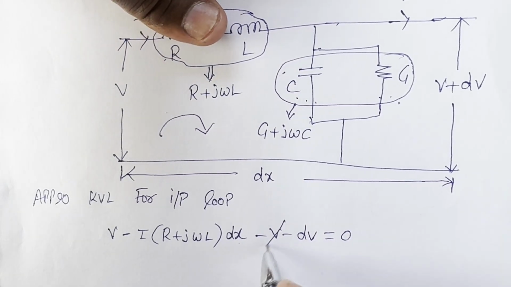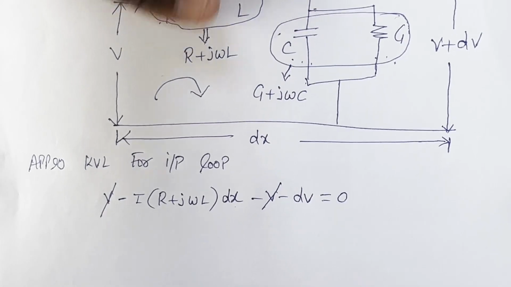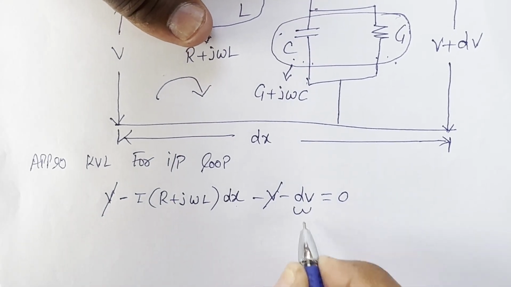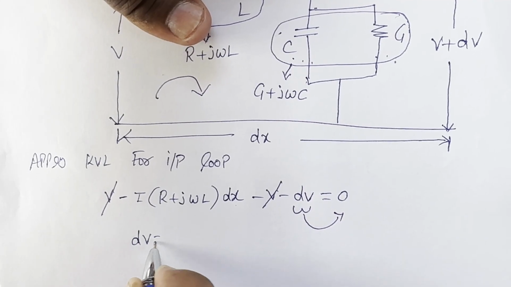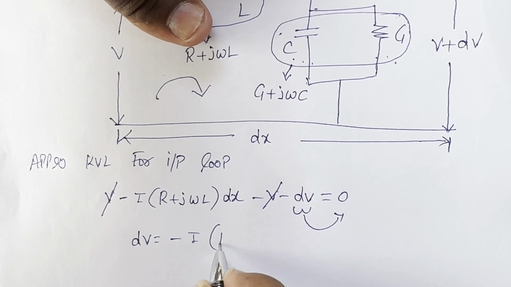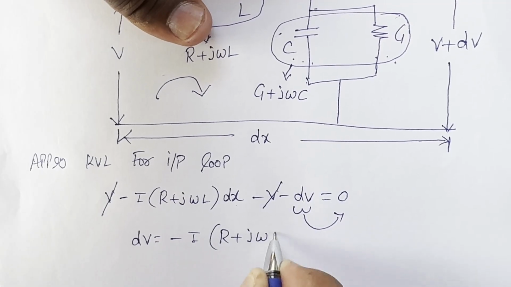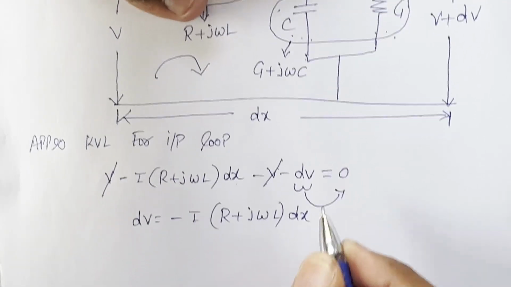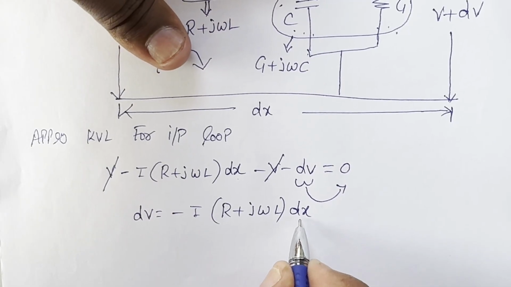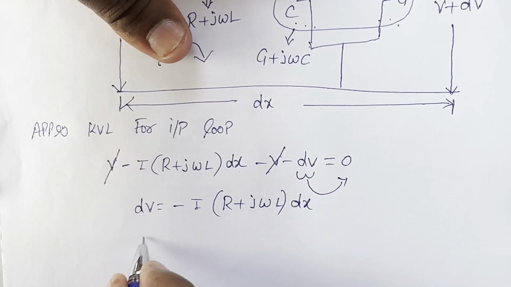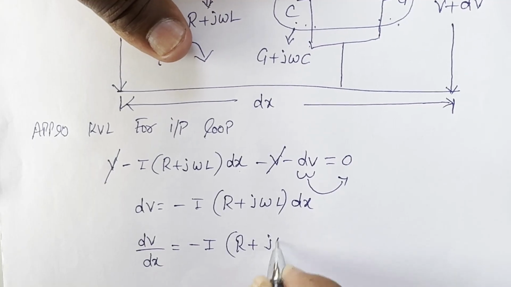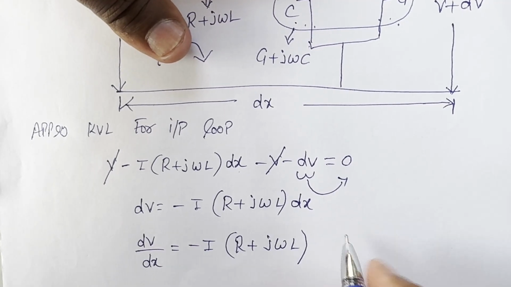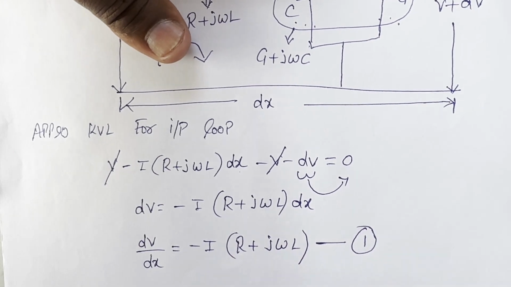Here V will get cancelled. Now I take dV to this side, so dV is equal to minus I into R plus j omega L into dx. Taking dx to this side, dV by dx equals minus I into R plus j omega L. Let this be equation number 1.